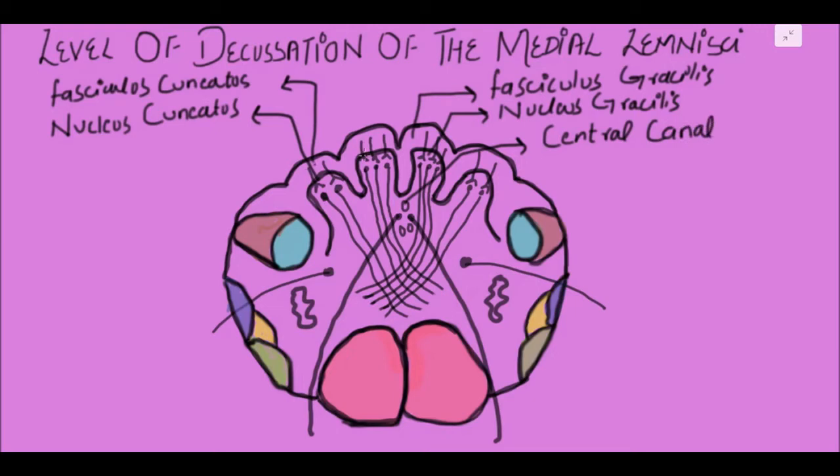We can see that the fibers are coming from the Fasciculus Gracilis and coming into the nucleus, and through the second order neuron they decussate to the opposite side. From here they decussate to the opposite side, and from here they decussate to the other side. So this decussation is known as the decussation of the medial lemnisci.